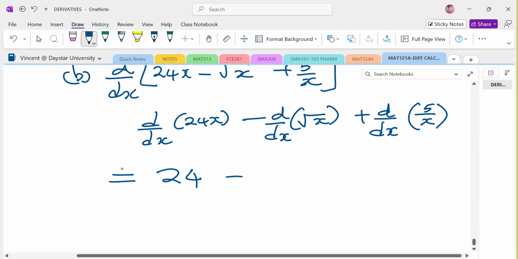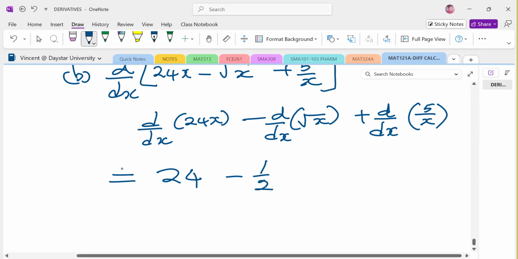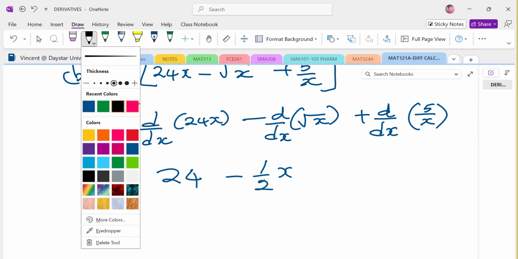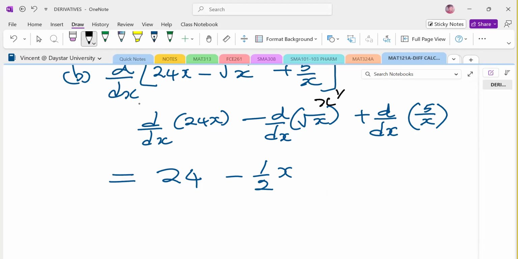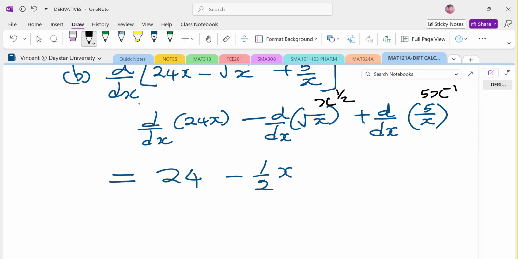So when you differentiate x power half, you get a half x power minus a half, because a half minus 1 is minus a half. And 5 over x is the same as having 5x power minus 1.